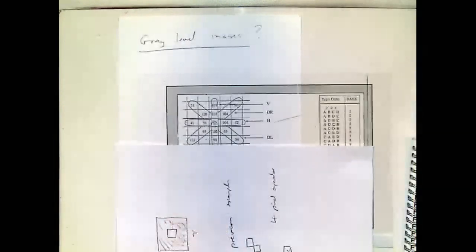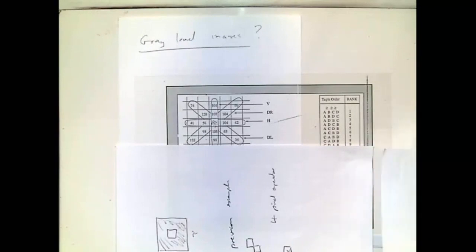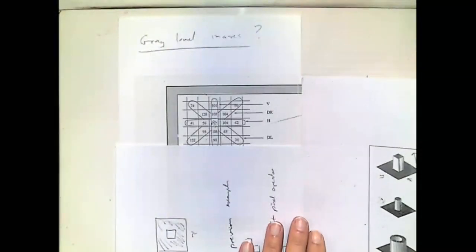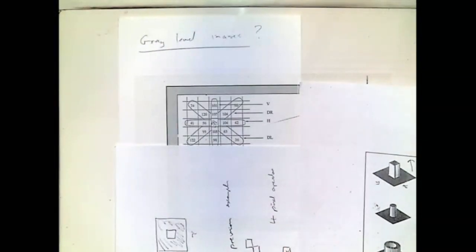Let's take part of a real image. There's the center pixel in the center there. Here I'm extracting either horizontal, vertical, or diagonal samples.